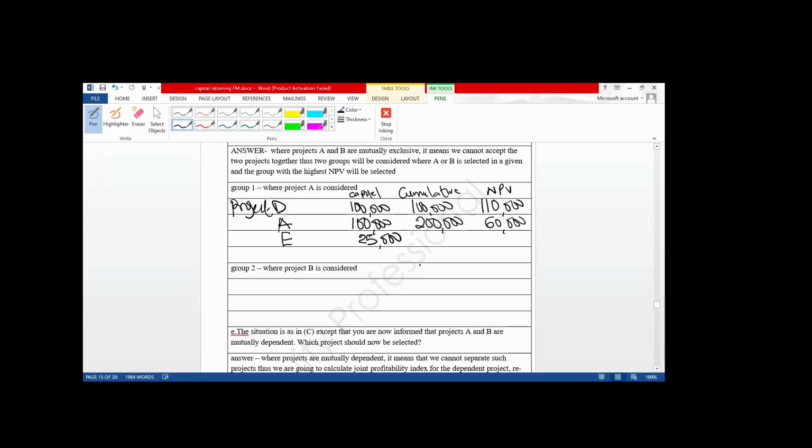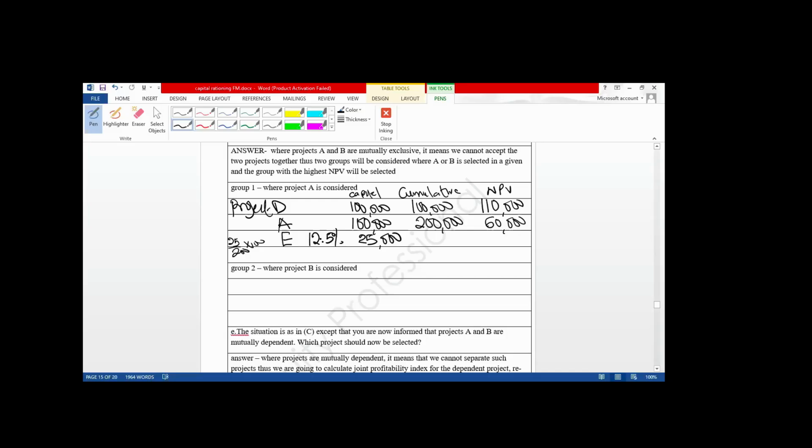Project E, capital required is 200,000. You can only do 25,000 out of 200,000. The percentage, 25 over 200 multiplied by 100, that is 12.5%.